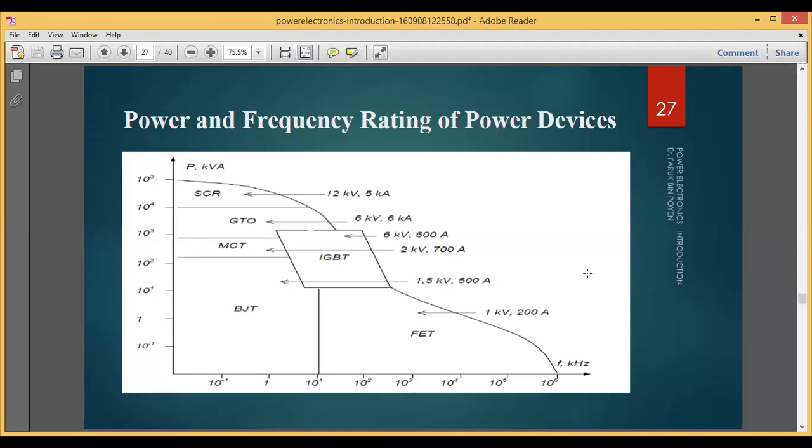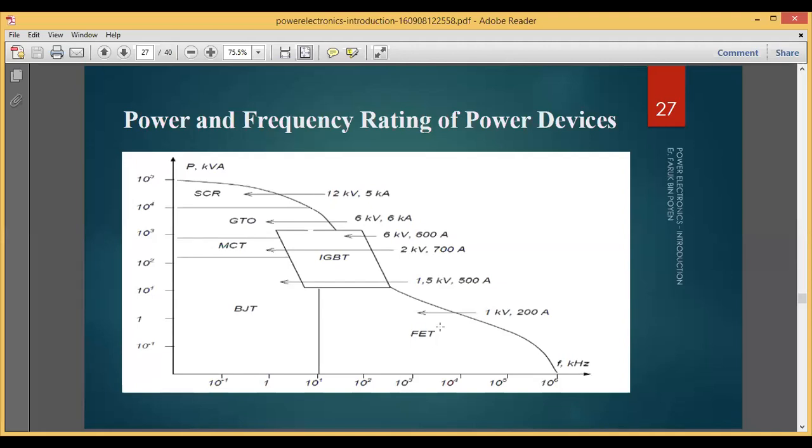At the very beginning of this power electronics chapter, I listed a few power electronic devices like SCR, that is, silicon controlled rectifier, then GTO, MCT, BJT, another device called IGBT, and then FETs. There is a huge classification of these power electronic devices in the field of electronics.